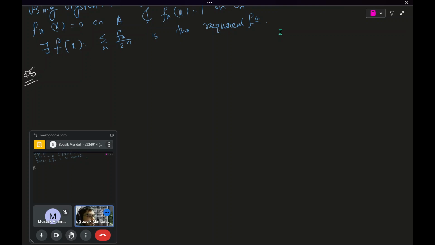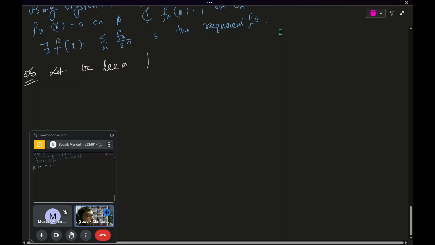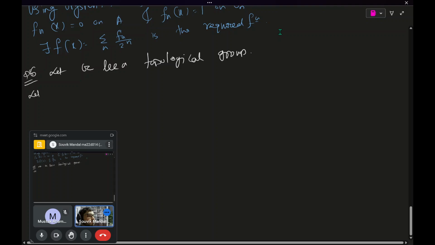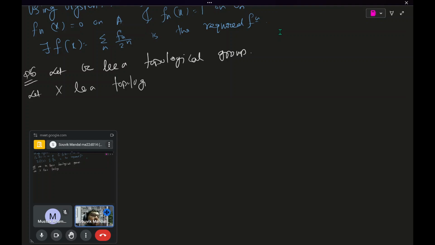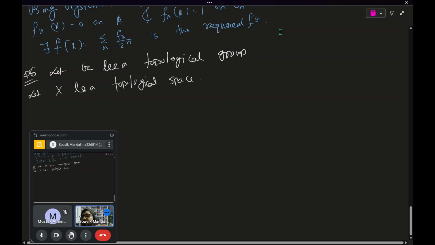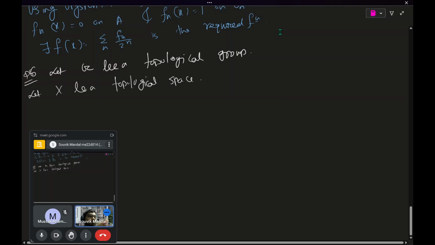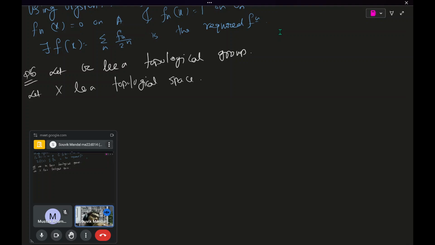So let G be a topological group and let X be a topological space. You have seen in abstract algebra the concept of action of a group on a set.